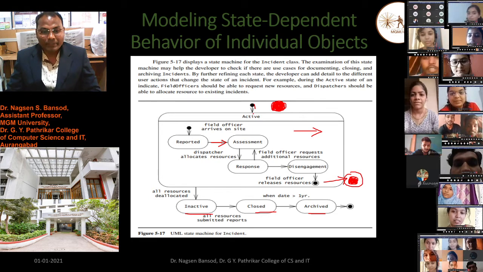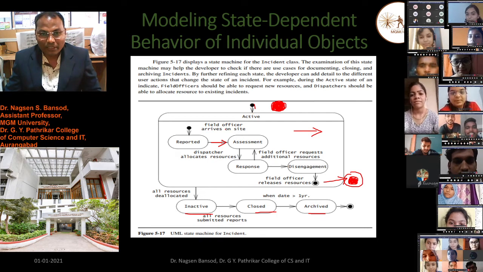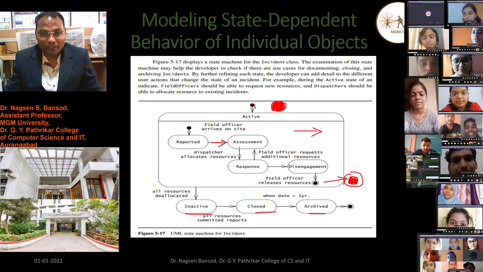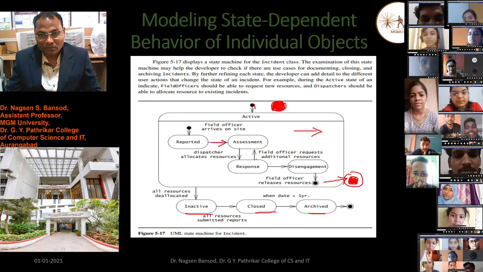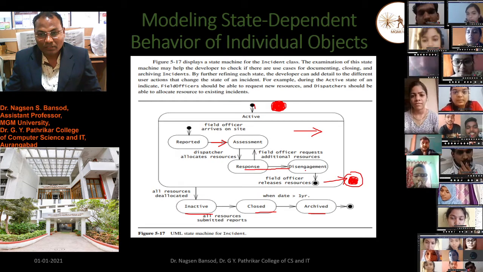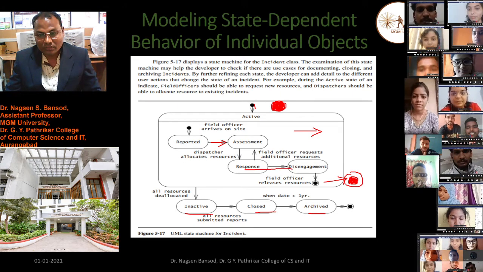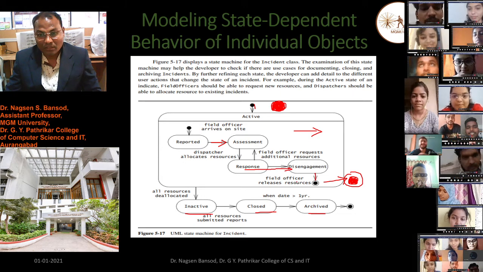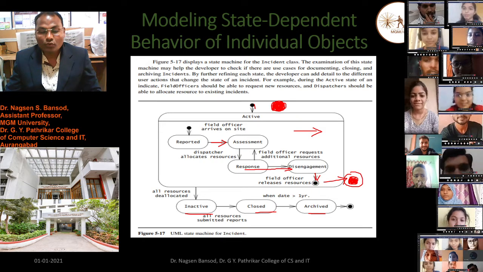This is the UML state machine for incident. Look at it: the field officer arrives on site, then reports the assessment, then the dispatcher allocates resources. If there is a response, then the field officer requests additional resources, and at last the field officer releases resources and the state stops here.